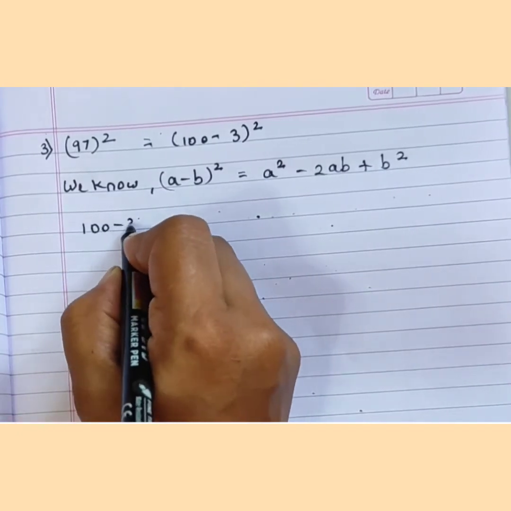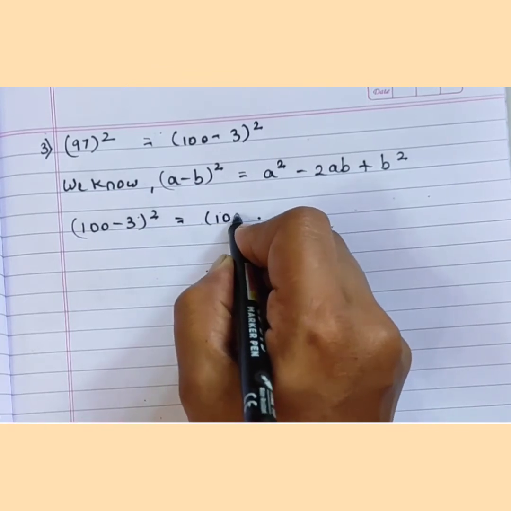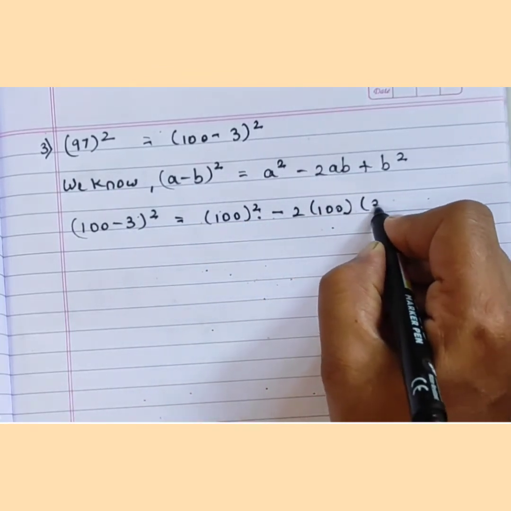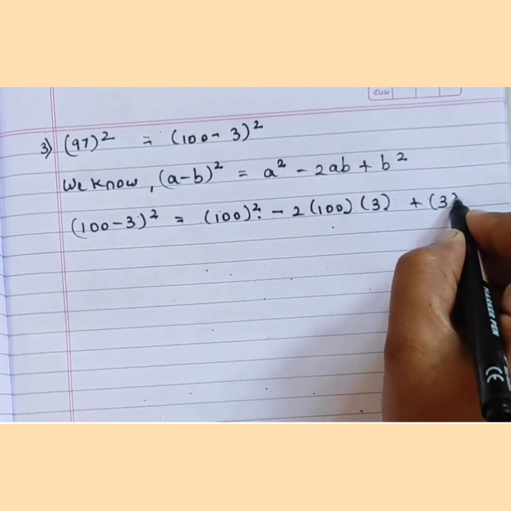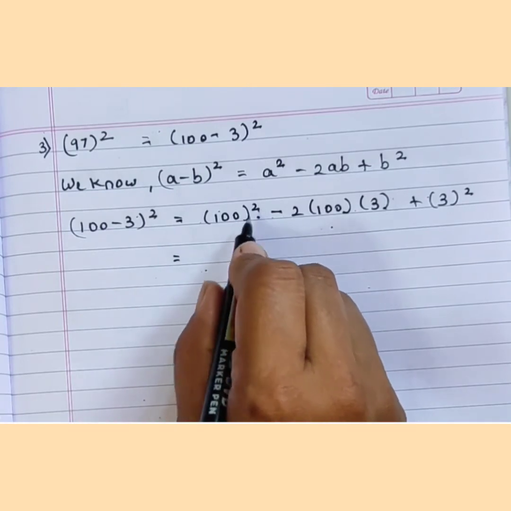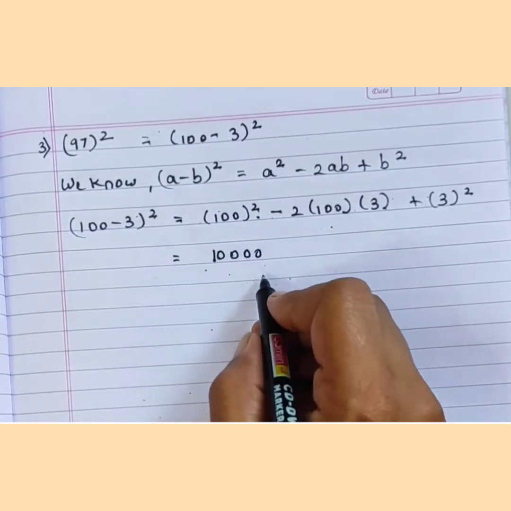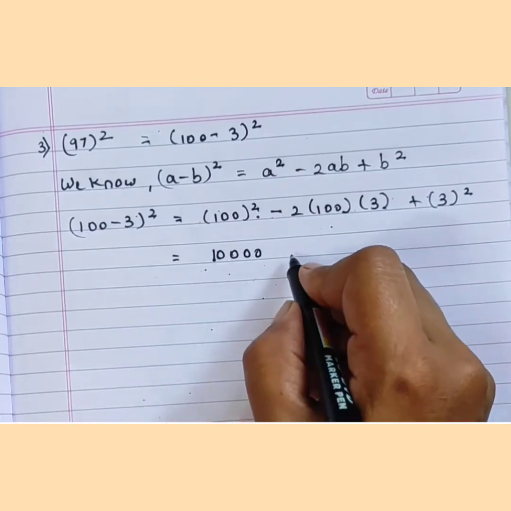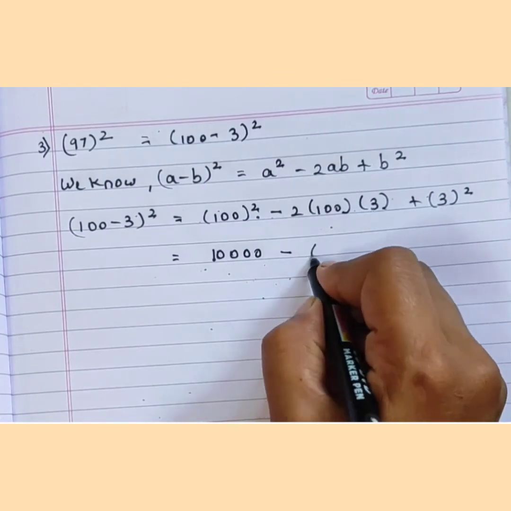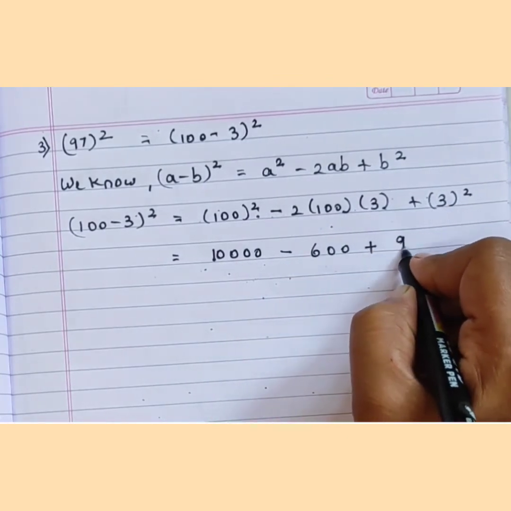So 100 minus 3 the whole square is equal to 100 square minus 2 into 100 into 3 plus 3 the whole square. Now there are 2 zeros. When we square, it becomes 4 zeros. Yes, so this becomes 10,000 minus 2 into 100, 200 into 3, that is 600 plus 3 3s are 9.